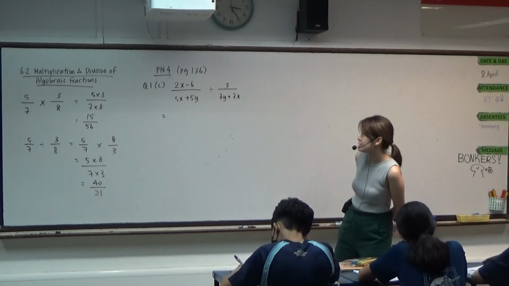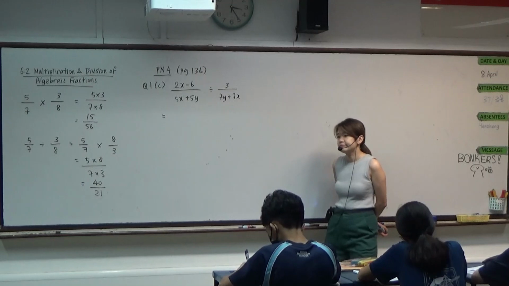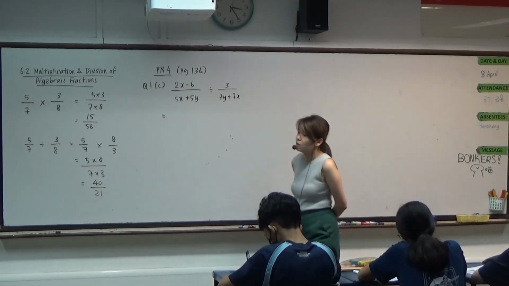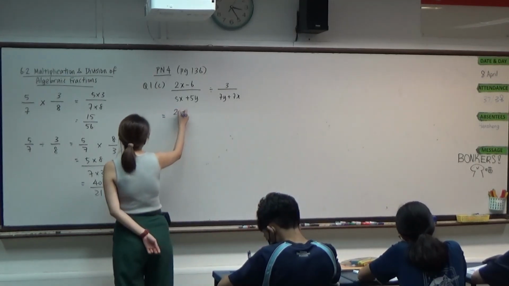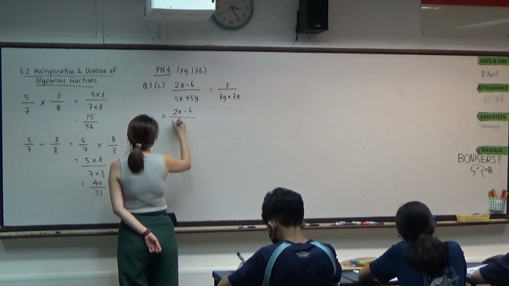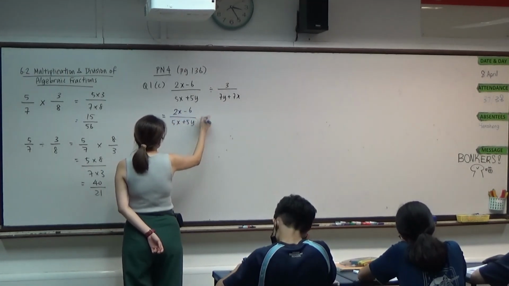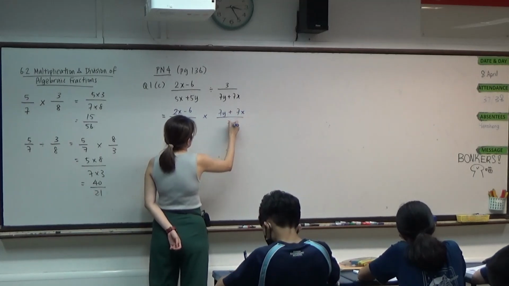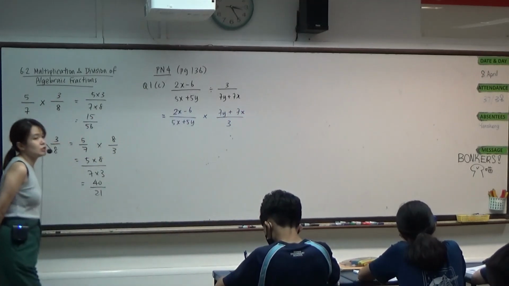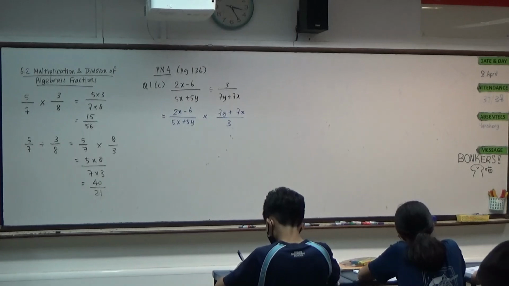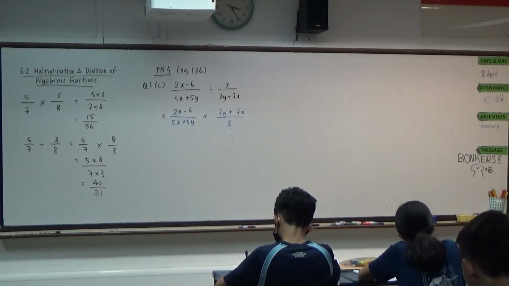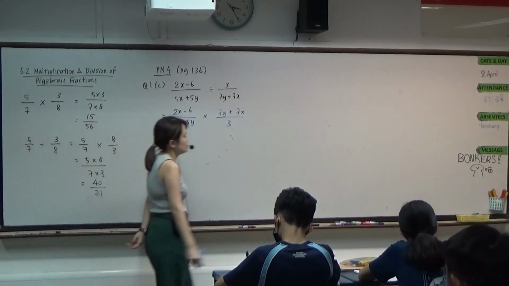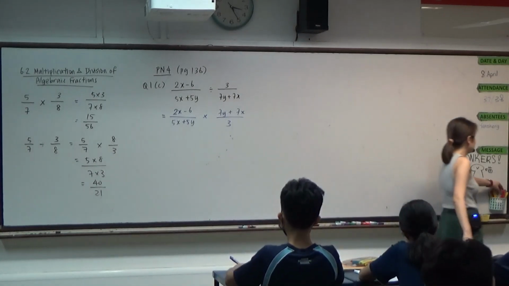We have a fraction divided by another fraction. Keep and change, okay? That's perfectly fine. So we do our keep and change, we get this, right? Then what next?